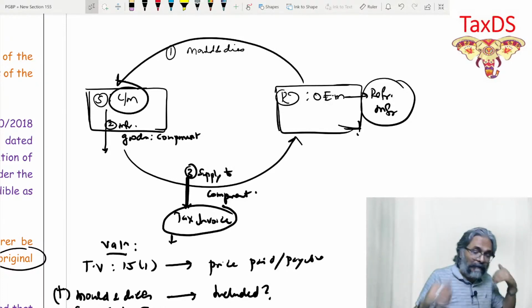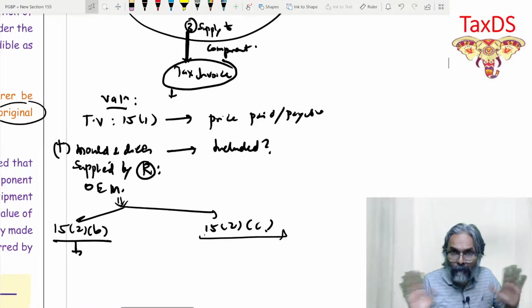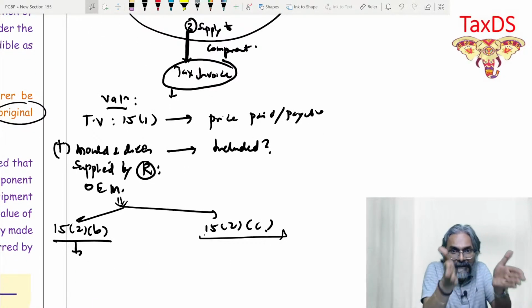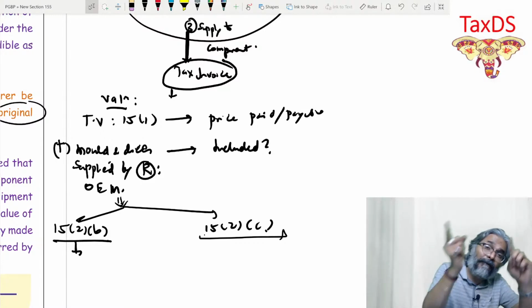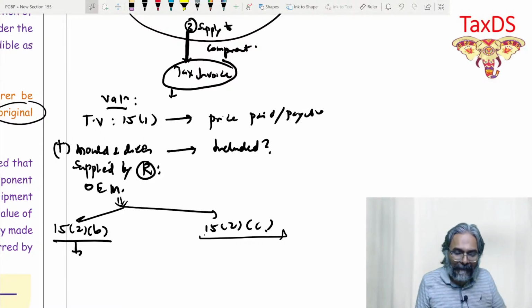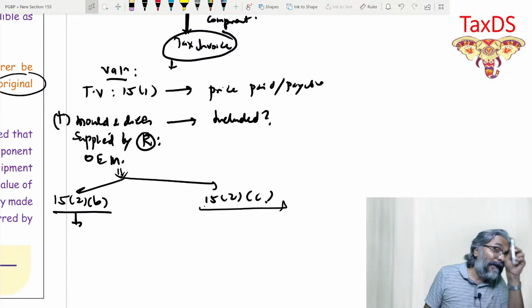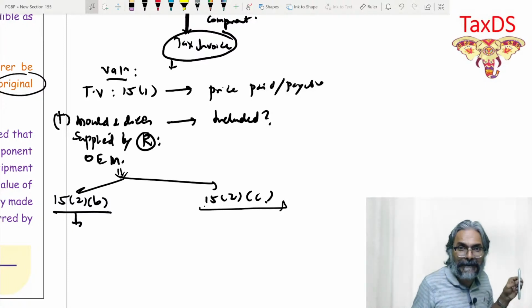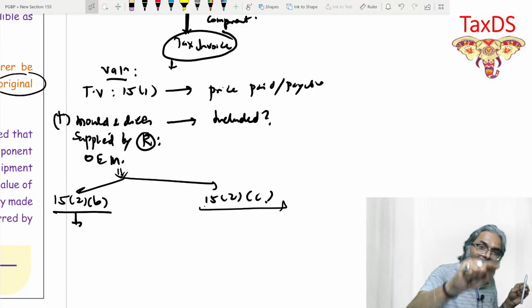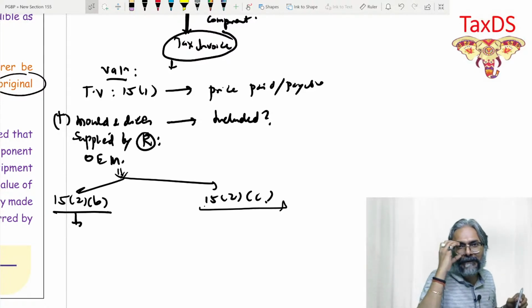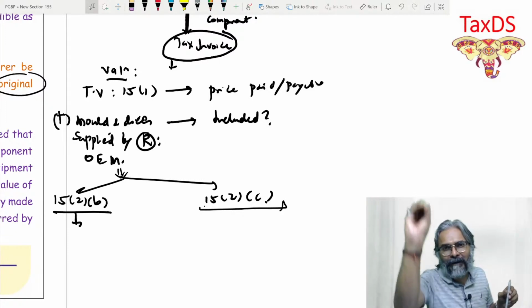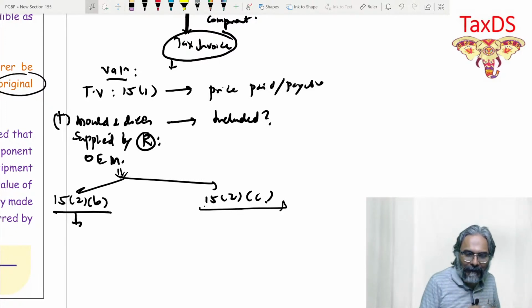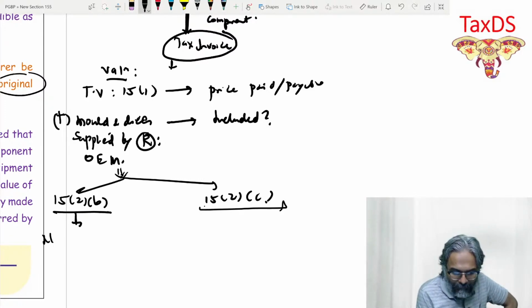Which means the component manufacturer was not liable for these molds and dies. Accordingly, what do we say, students? Additions under 15.2b will not be possible. So, no addition.